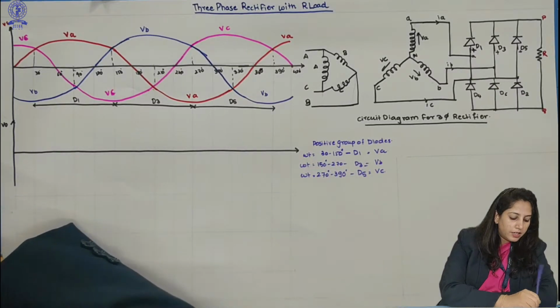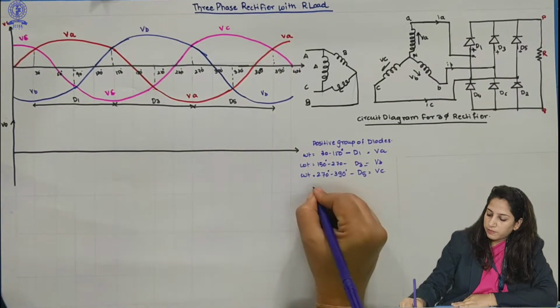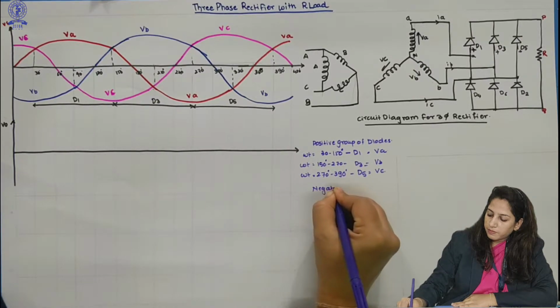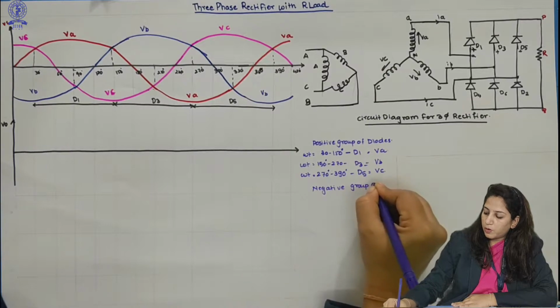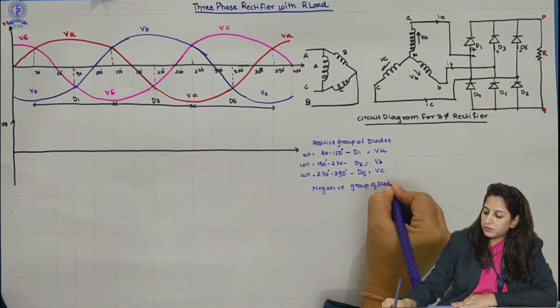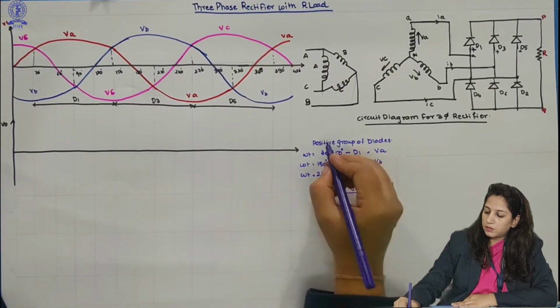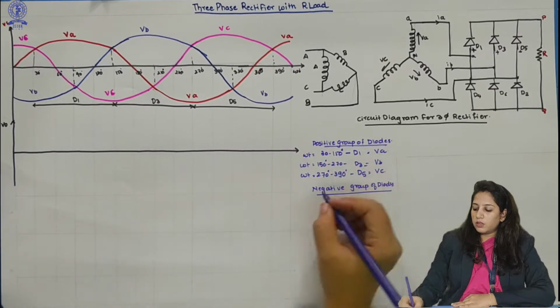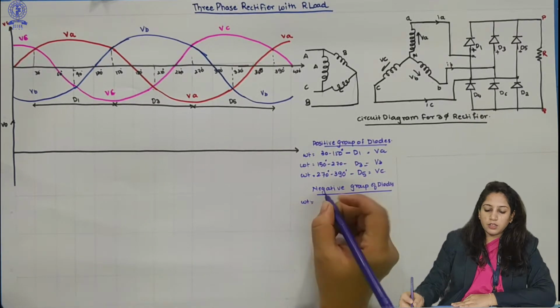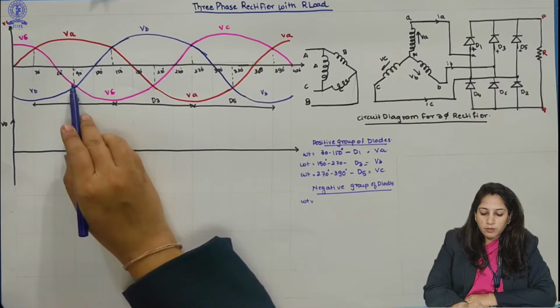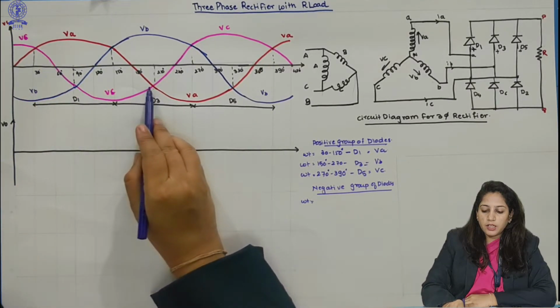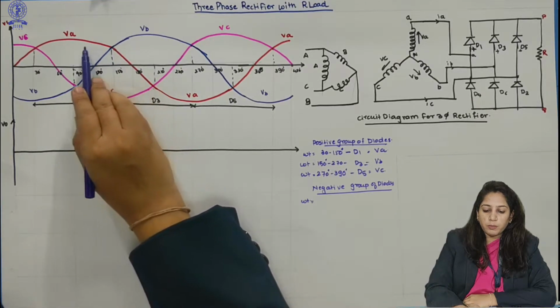Now we will see the negative group of diodes. For the negative group, we will see where VC is very negative as compared to VB and VA.